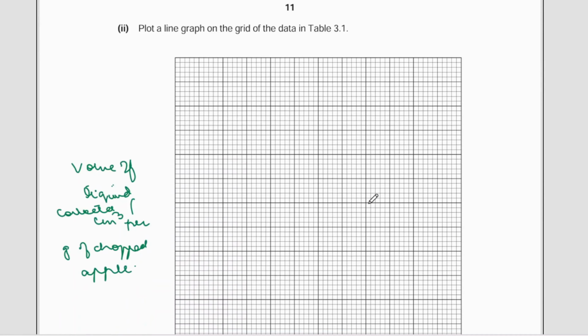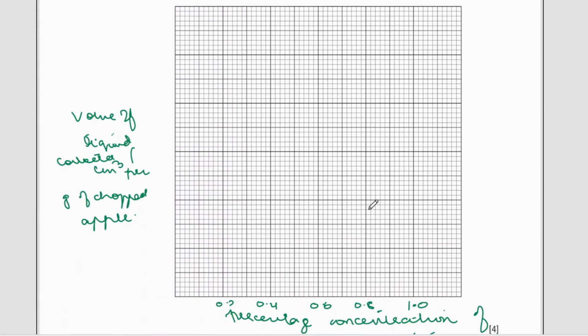Yes, you can start from 0.5, you can start from 0.9.